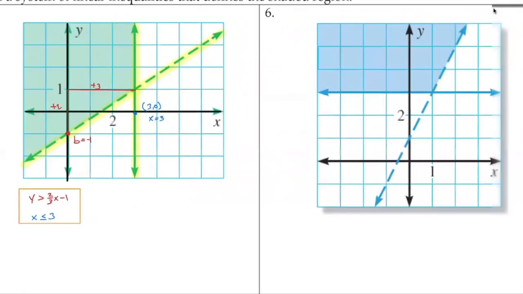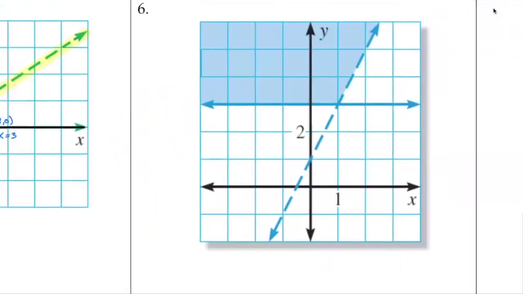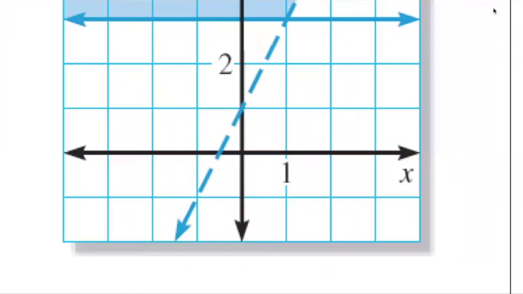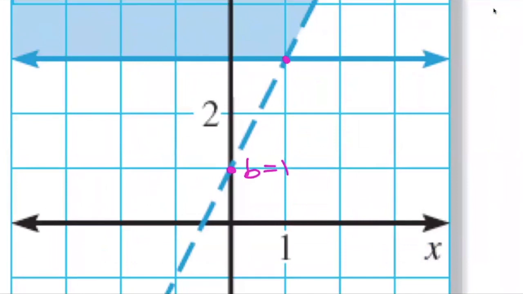All right, now looking at this next one, same idea. I'm going to look at the dashed line first, so I'm going to start with the b value. The b value is 1. I'm actually going to use the intersection point right here to help me find the slope. So I'm going to go up 2 and right 1, go right over this 2 actually.